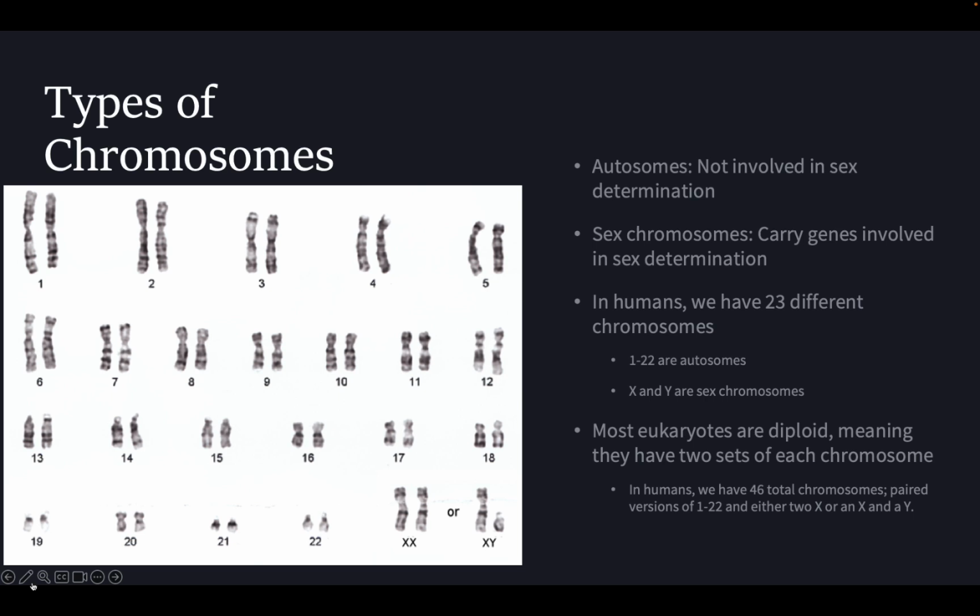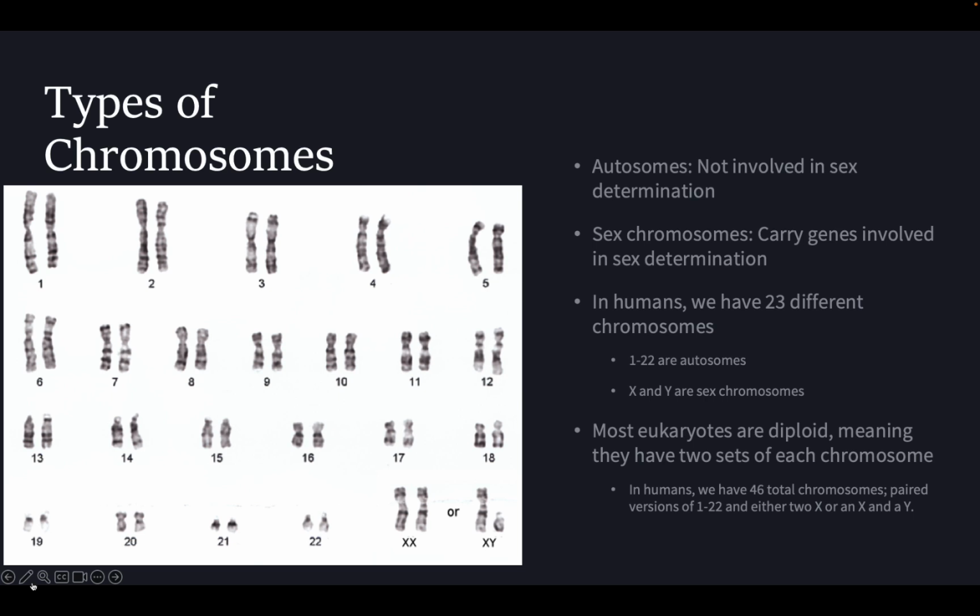And within eukaryotic organisms, those that have a nucleus, especially those that reproduce sexually, we have two major categories of chromosomes. We call one category autosomes. Autosomes are the chromosomes that are not involved in determining the sex of the organism.